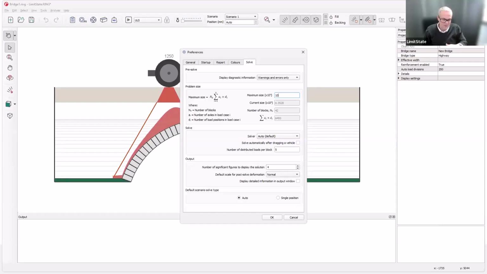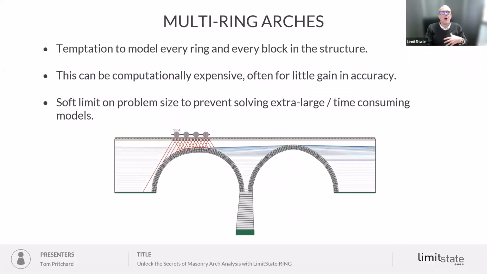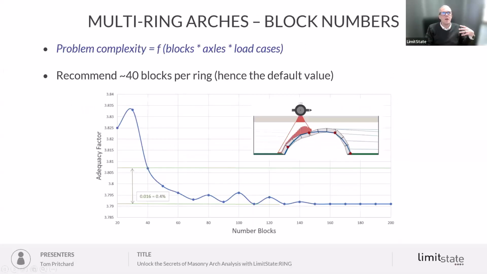But if you do get to the point where you're looking at, say, 10 or 11 spans, Ring has 120 blocks in it, that can be quite a time-consuming problem to solve, as we will see if we go through to the next slide. Effectively, the problem size in Ring is related to the number of blocks, the number of axles, and the number of load cases. So that determines the matrix size.